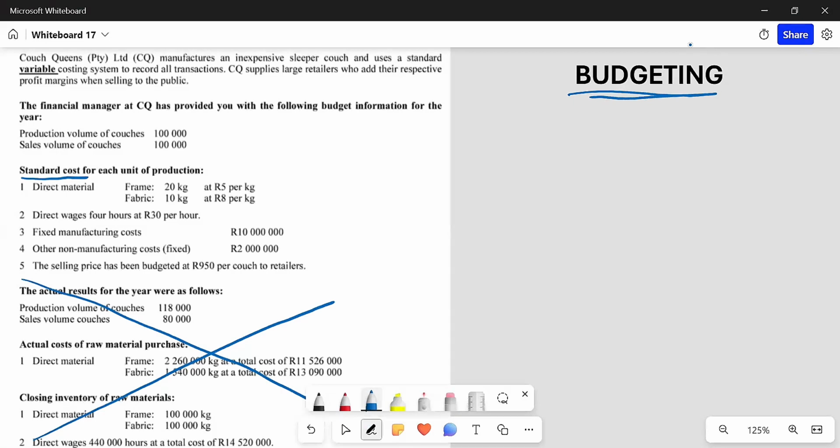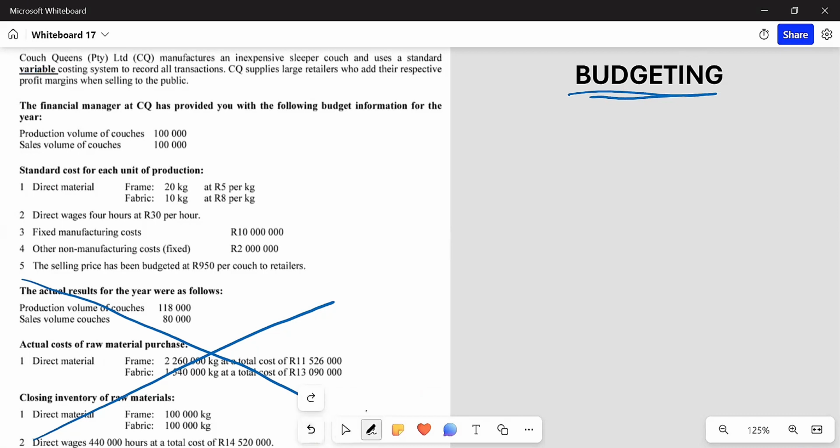Couch Queens Pty Ltd manufactures an inexpensive sleeper couch and uses the standard variable costing system. So variable costing system, basically, you need to understand what it means.